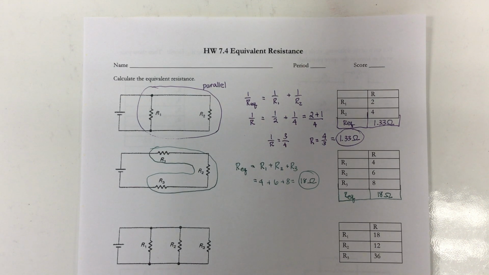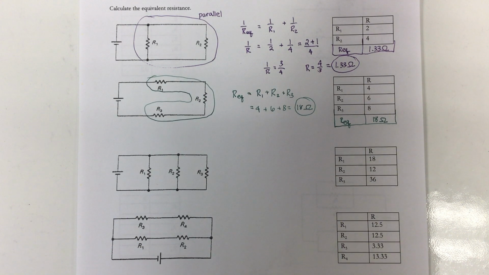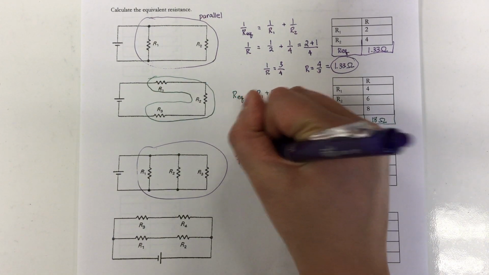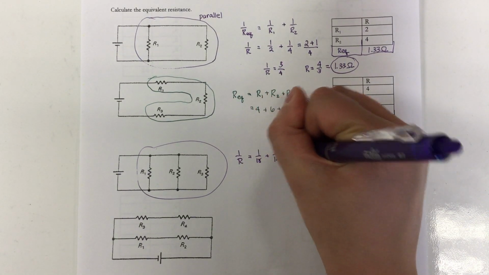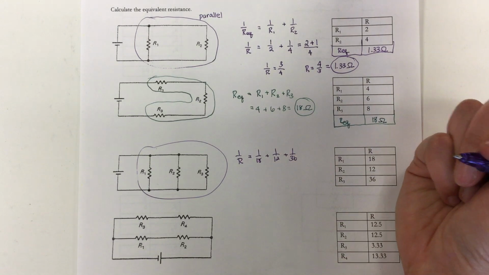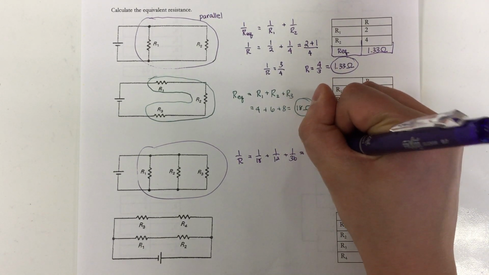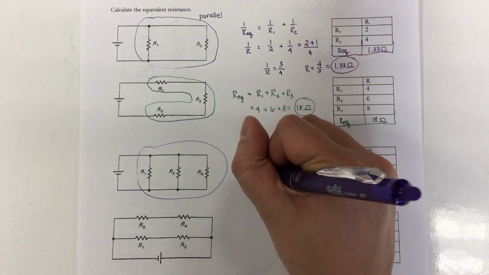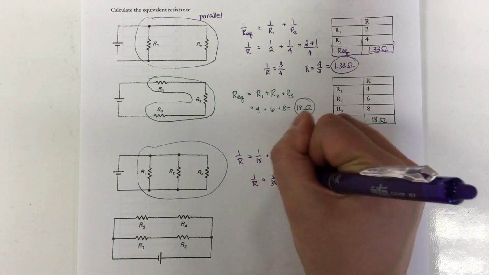So let's speed this up. Next one, parallel. And this time it's 3 parallel. So that's 1 over R is equal to 1 over 18 plus 1 over 12 plus 1 over 36. Doing least common denominator here, that's 2 plus 3 plus 1 over 36. 1 over R is equal to 6 over 36.